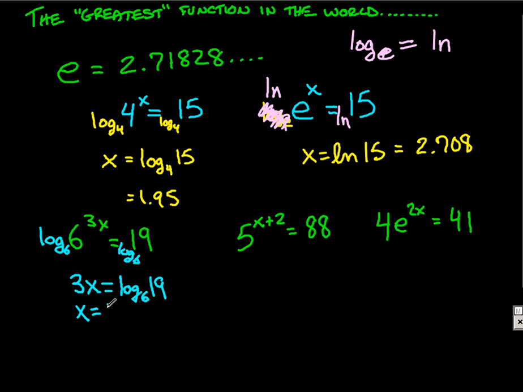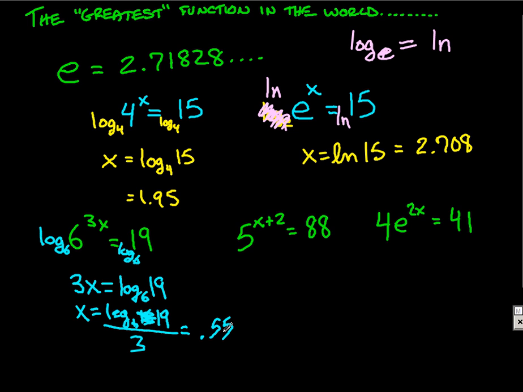So x equals log base 6 of 19, sorry, all over 3. And I type that in my calculator. That would be a perfectly good answer. If I want a decimal approximation, I type in log 19 divided by log 6. I get a number which is about 1.6. Divide that by 3, and I should get about 0.55 as my answer.